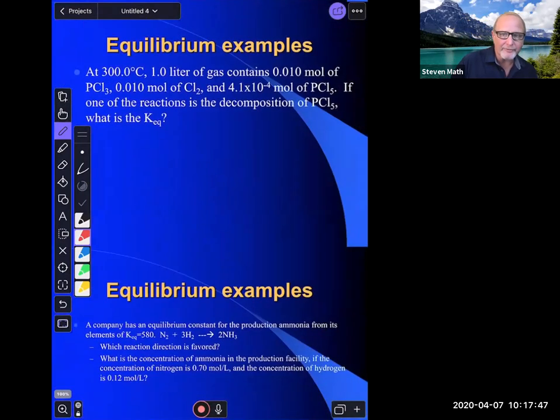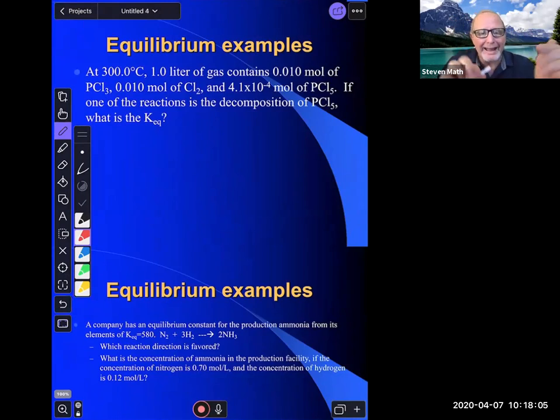Okay, now I've got 2 example calculations for you that I want to walk through. We have 300 Celsius. Why are they giving us a temperature? Well, these KEQs are dependent on temperature. Are we going to use that in our calculation?